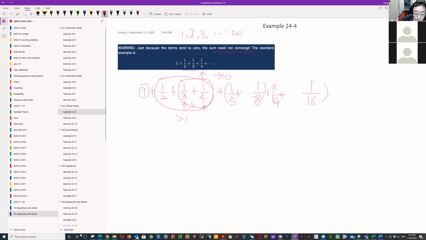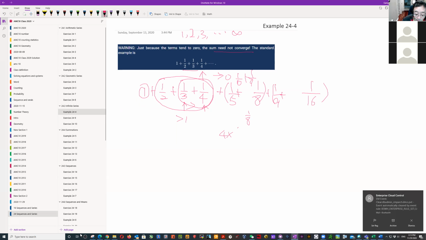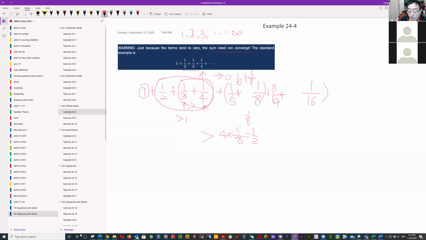Here we have 1/5 plus 1/6 plus 1/7, and each term is bigger than 1/8. There are 4 of them. So 4 multiplied by 1/8 equals 1/2. So basically those 4 terms are bigger than 1/2. And there are 8 terms here, from 9 to 16.